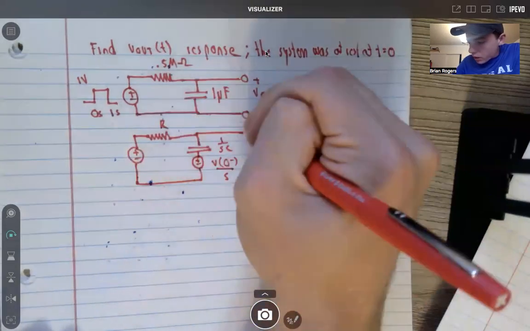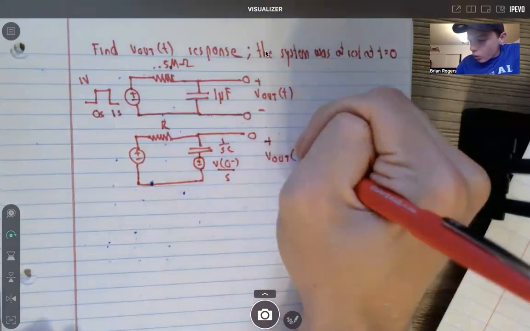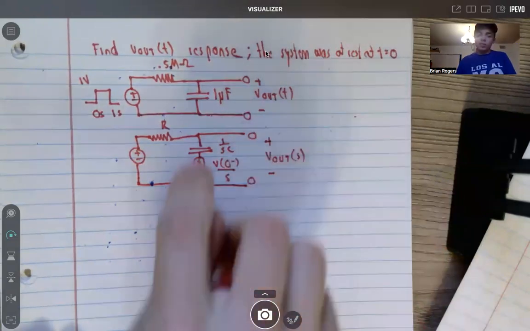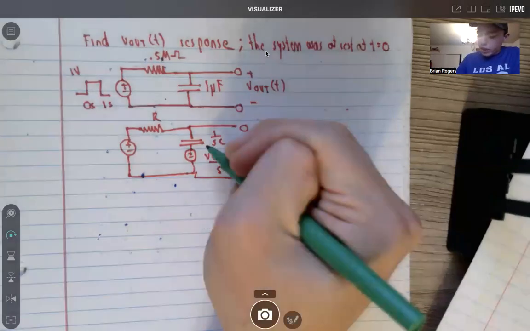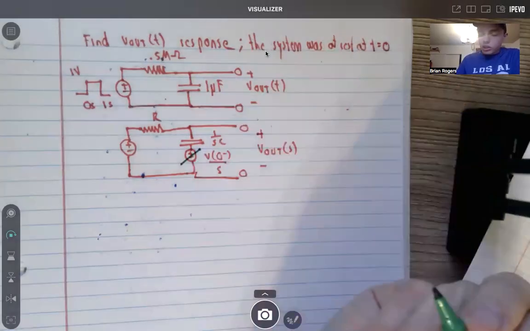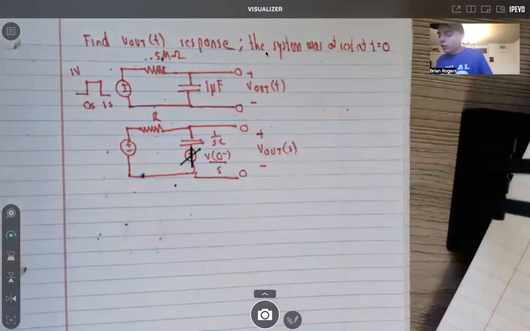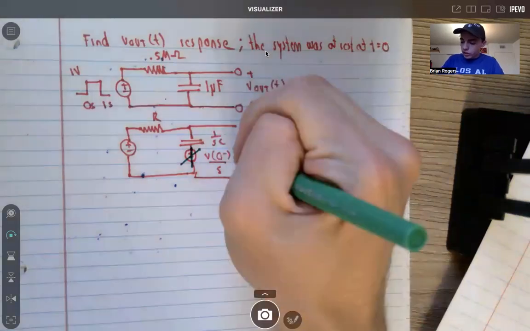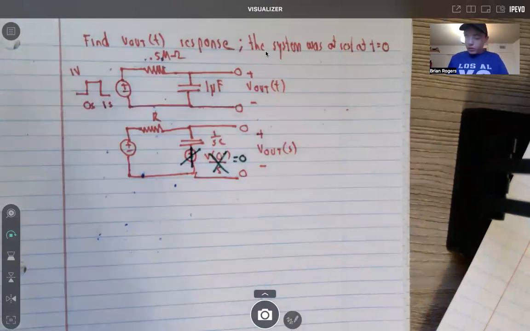Since the system is at rest, you can just ignore the initial condition, because there was no initial value of voltage on that capacitor. So literally you can just ignore this and create a short right there. This just evaluates to 0, so we can get rid of it.